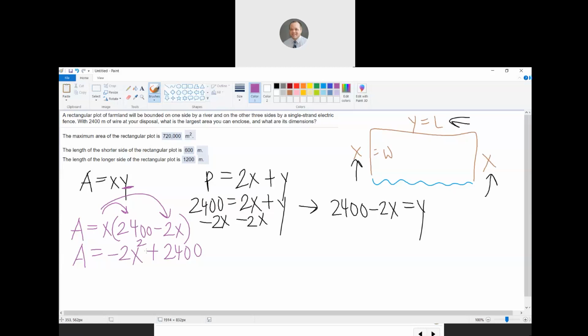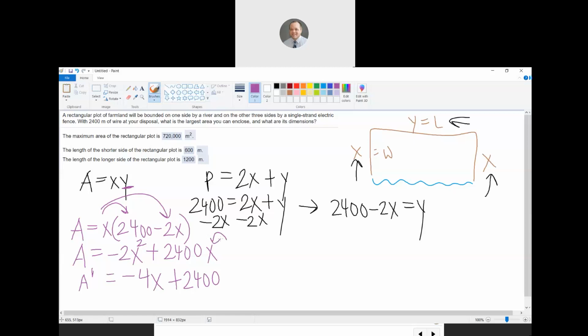We're ready to find the first derivative. So A prime is equal to negative 4x plus 2,400. And don't forget to add your x there; I left it off by mistake.